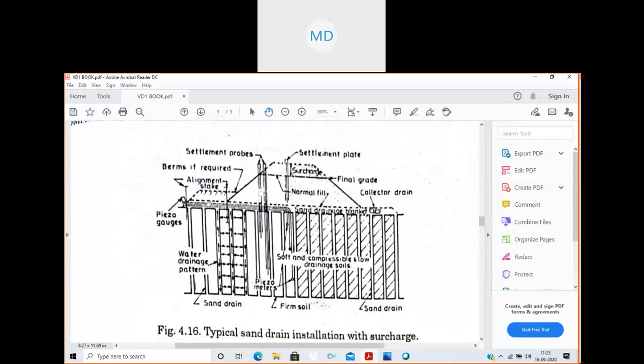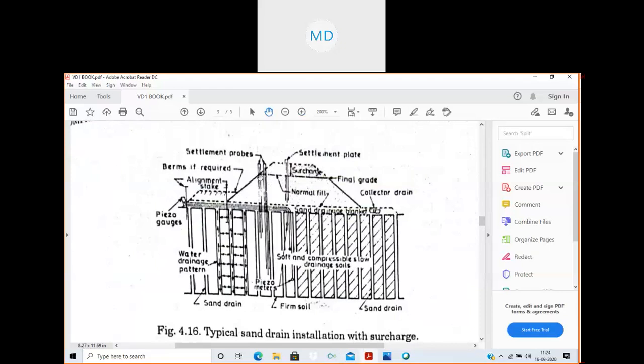The sand blanket layer is laid in the top portion, and above this sand blanket, preload or surcharge fill is given. This trapezoidal shape you're seeing is the preload applied, the load applied on the top of the soil. If we put some more extra load, this portion is the extra load, and so it is called surcharge.